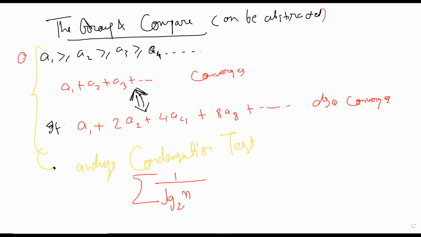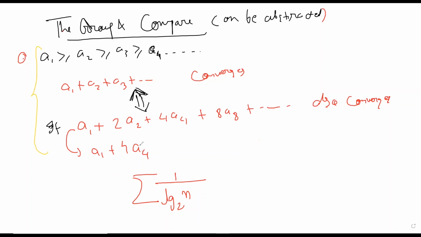Hold on, just one small doubt before you move on. See, this one, A1, A2, A3 converges. So A1 plus 2A2 plus 4A4 converges. So you can apply it again on the second step, right? Like A1 plus 4A2 plus. Yeah, you can even do that, and sometimes you have to do that in some problems.